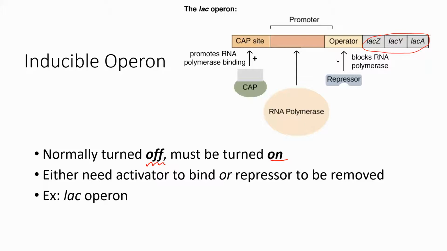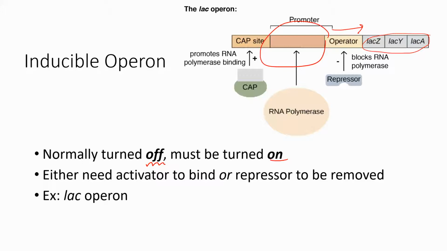It makes sense to have the same on-off switch for these genes because all 3 of them are needed for lactose digestion and only needed for lactose digestion. We're going to focus on the promoter and the operator here. The promoter is where RNA polymerase can bind. RNA polymerase would have to bind in order to move along and transcribe RNA. Without that RNA polymerase binding, you have no mRNA made.